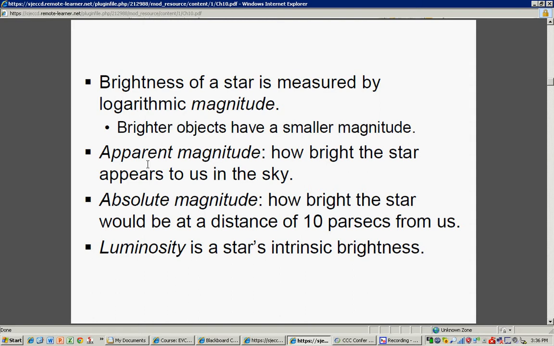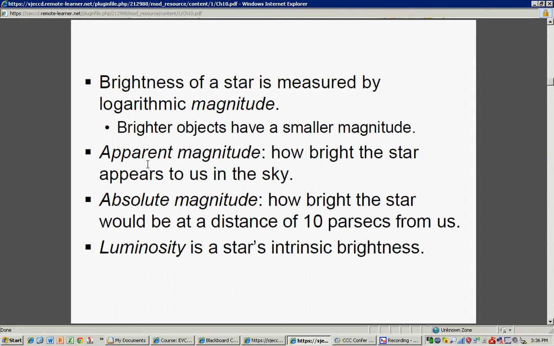Did I say it the other way? No, I said it right. Again, take a sample of stars out there in the sky. The brightest of them is the one with the least magnitude number, because of this logarithmic scale. The dimmest is the one that has the biggest magnitude number.